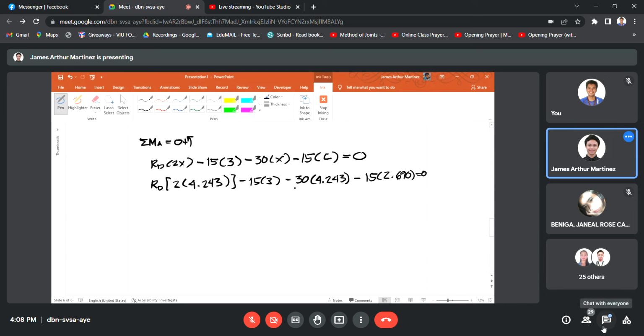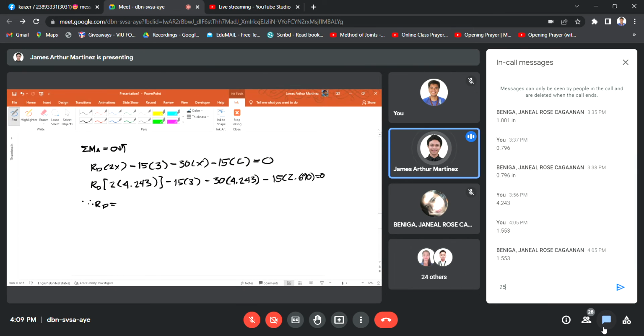So, in this equation class, isa na lang ato ang unknown variable. Therefore, makompute na nato ang reaction at support D. See, and how much is RD?